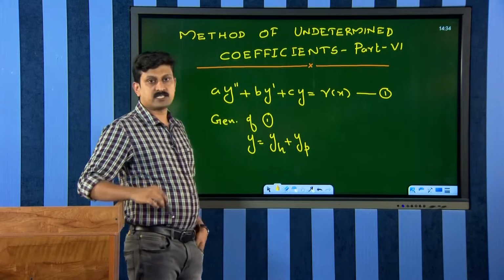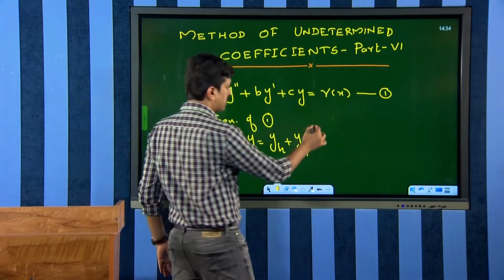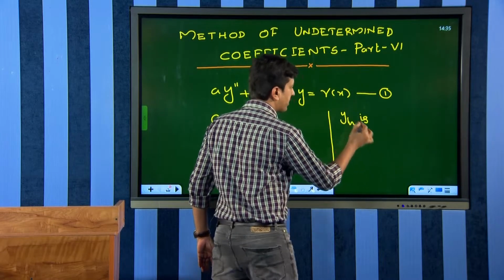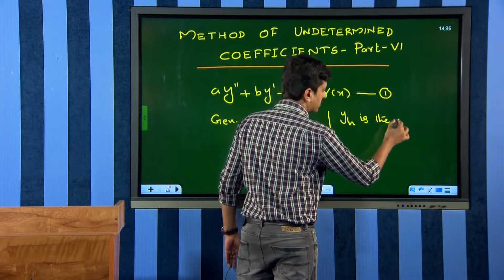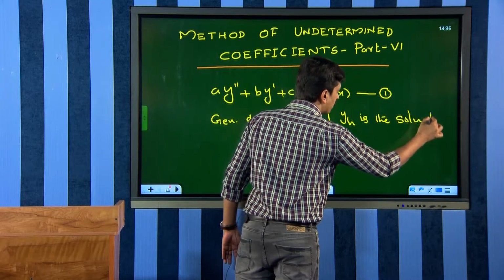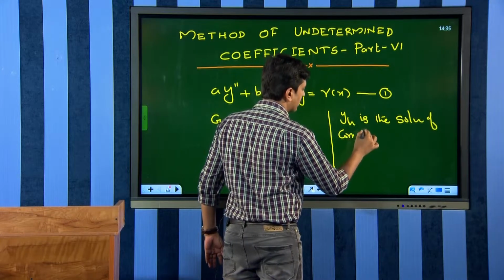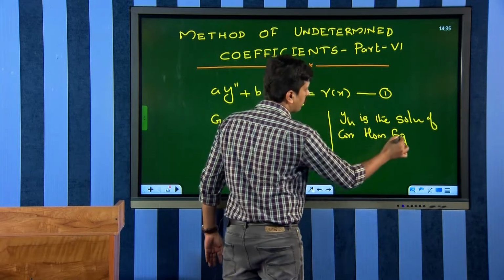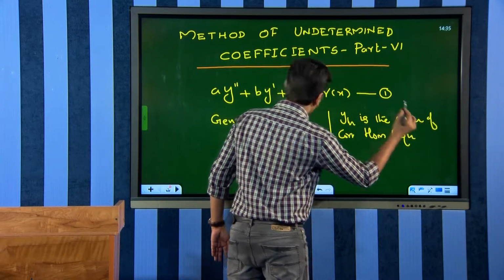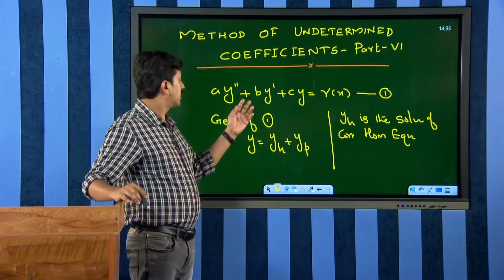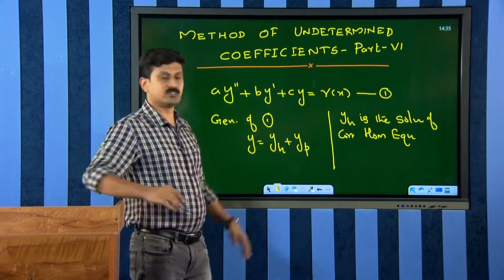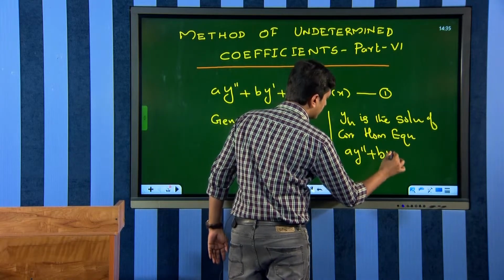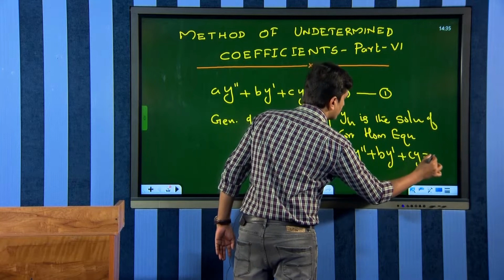Here yh is the complementary function, the solution of the corresponding homogeneous equation, that is the equation ay double dash plus by dash plus cy is equal to 0.